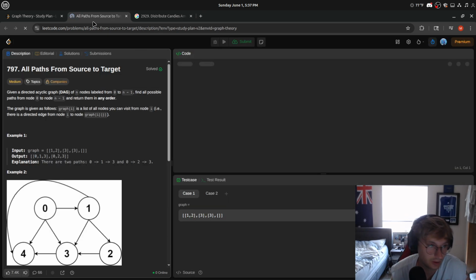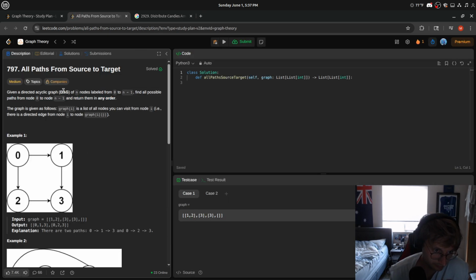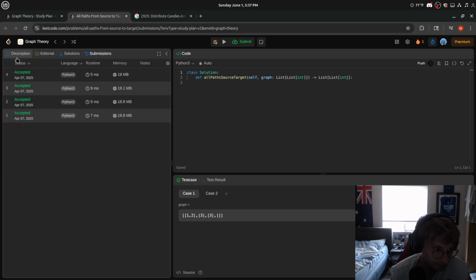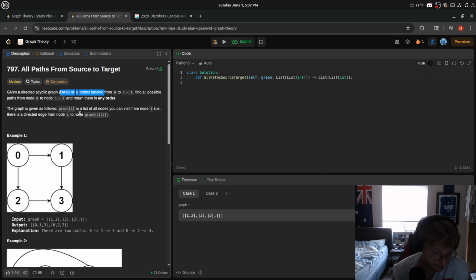Take a look at all paths to source node. Did this nearly 2 months ago. Given a directed acyclic graph, DAG, with nodes labeled from 0 to n-1, find all possible paths from node 0 to node n-1 and return them in any order.